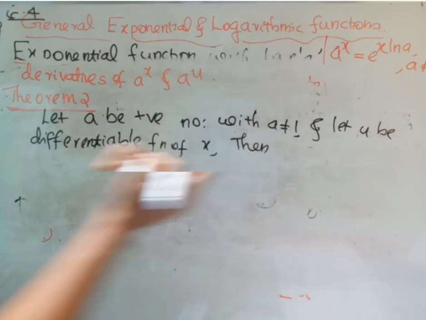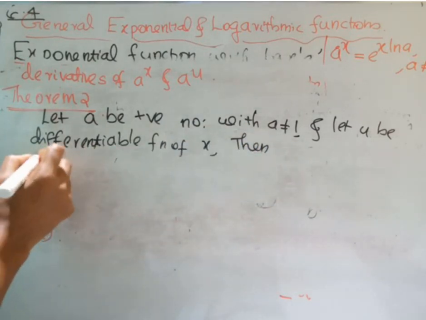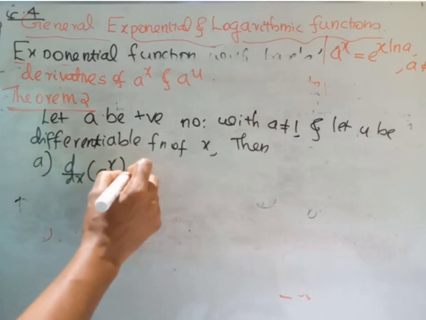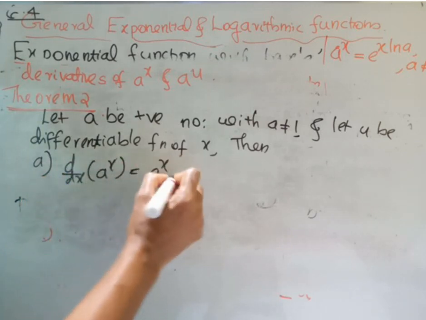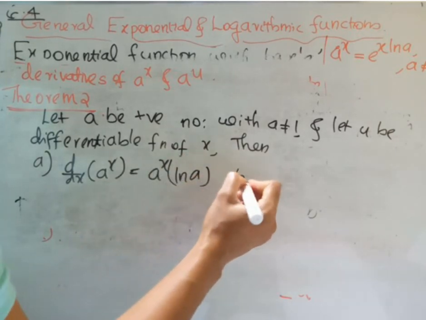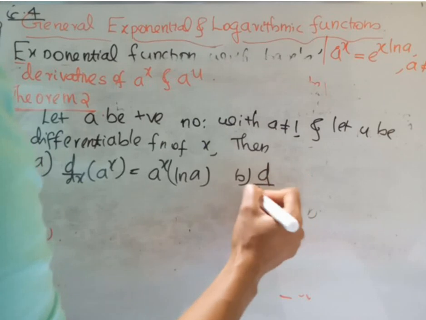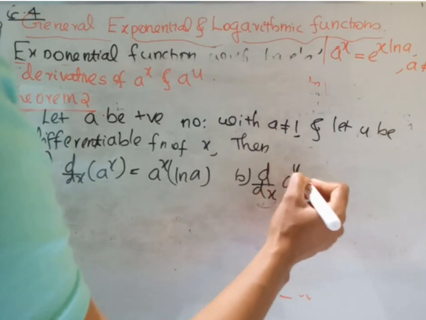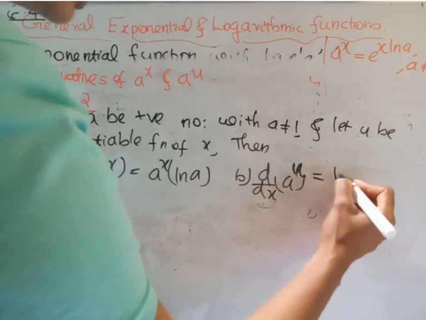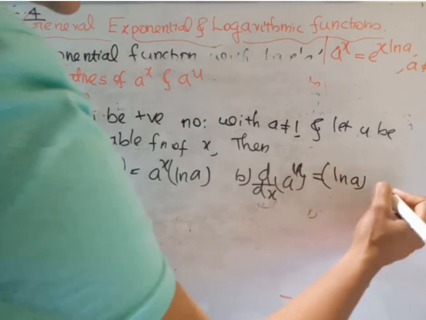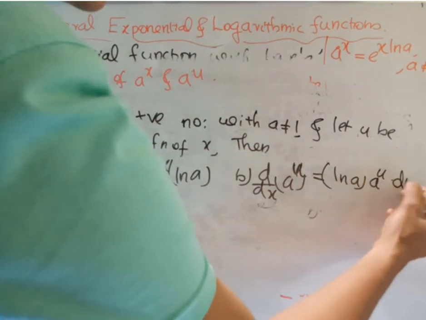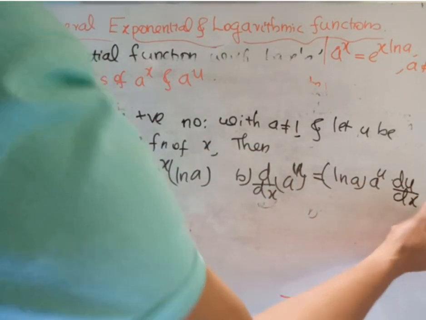Then the first one is d by dx of a raised to x equals a raised to x natural log a. And the second one is d by dx of a raised to u equals natural log a times a raised to u times du by dx.